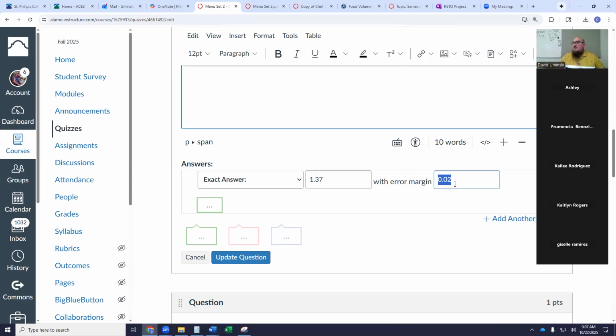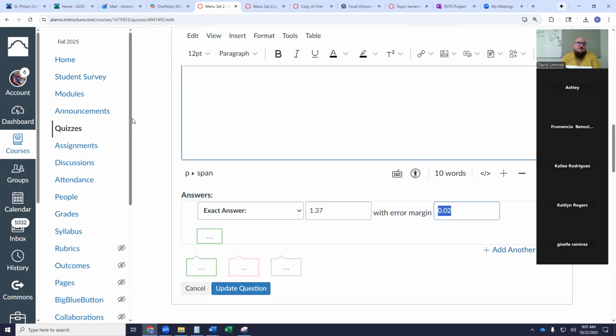So margin of error is plus or minus, and then you would still get it counted correctly. Okay. So Caitlin, that's why even though you didn't round up to the $1.37 or the $1.46, you still got it correct, because we're only multiplying by 0.93.